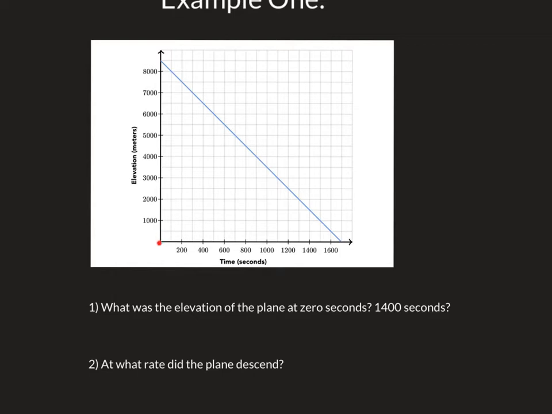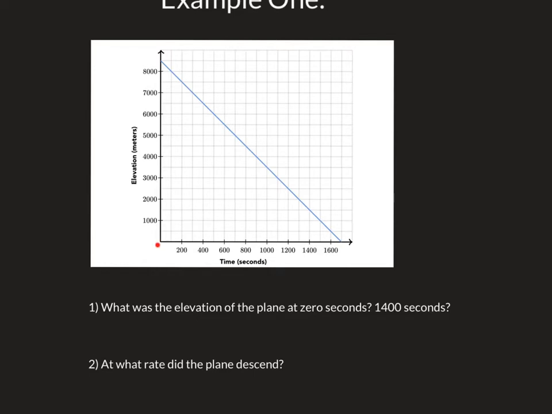So we're going to go up from 0 seconds to where our line is. And where is that? Right there. I'm going to give you a second to think about that. Look and try to figure out how much each block is worth in elevation.